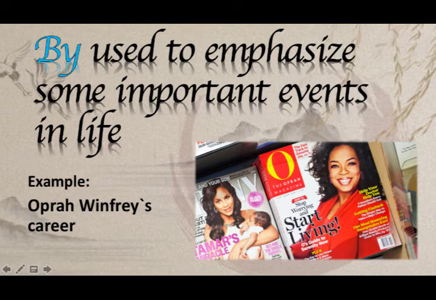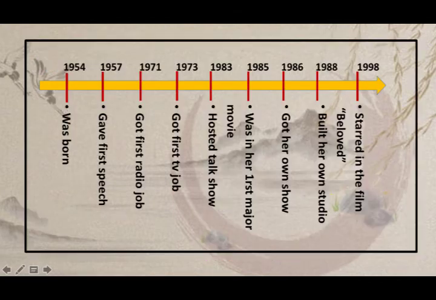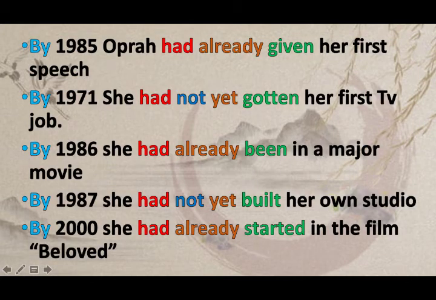For example, in Oprah Winfrey's career, we're going to see a list of what she did from 1954 to 1998. So we can say by 1985, Oprah had already given her first speech because it happened in 1957.